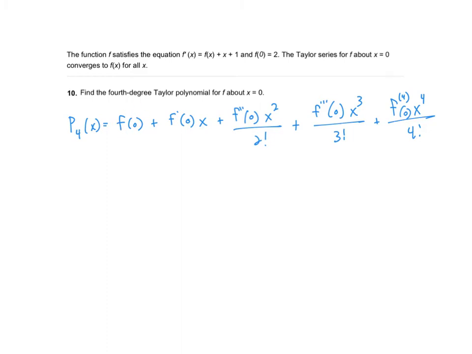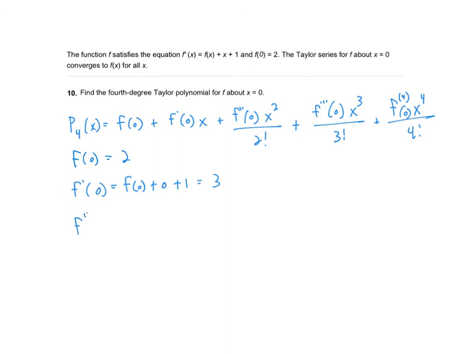So let's get what f prime at 0 is, and we're given f prime up here. f prime of 0 is f of 0 plus 0 plus 1, which is 3, since f of 0 is 2. Let me write this: f of 0 equals 2, f prime of 0 equals 3.